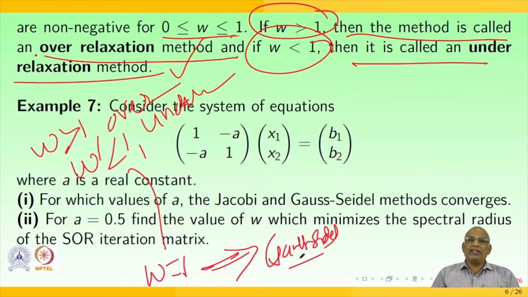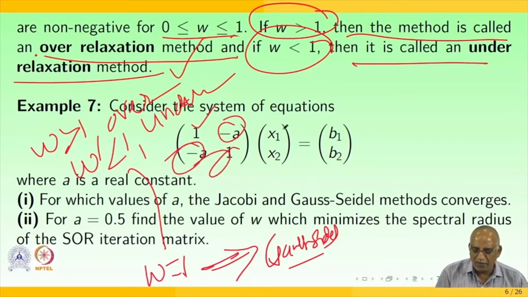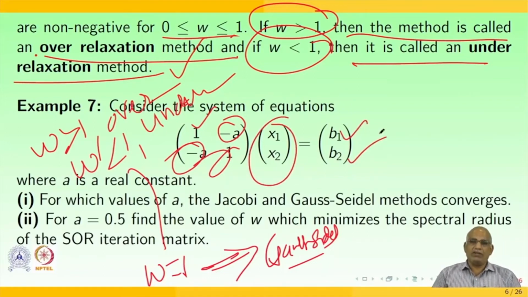Let us look into a very practical example. Let's say I have a 2 by 2 matrix, that is [1, minus a; minus a, 1] multiplied with [x1, x2] equal to [b1, b2], where a is a real constant.